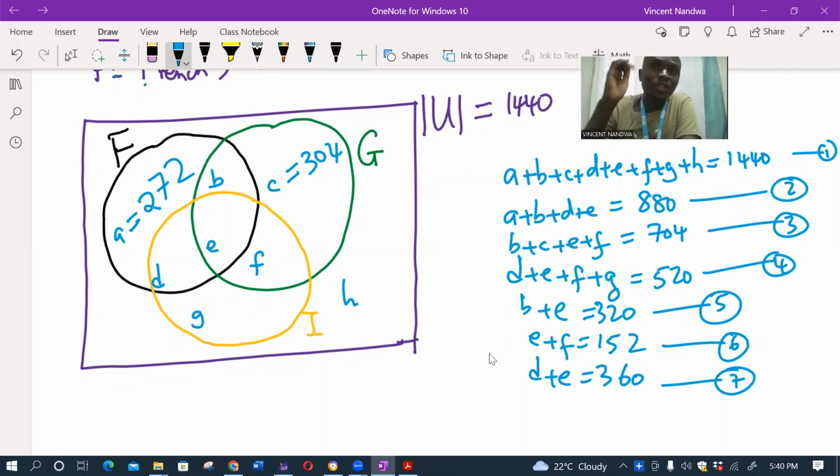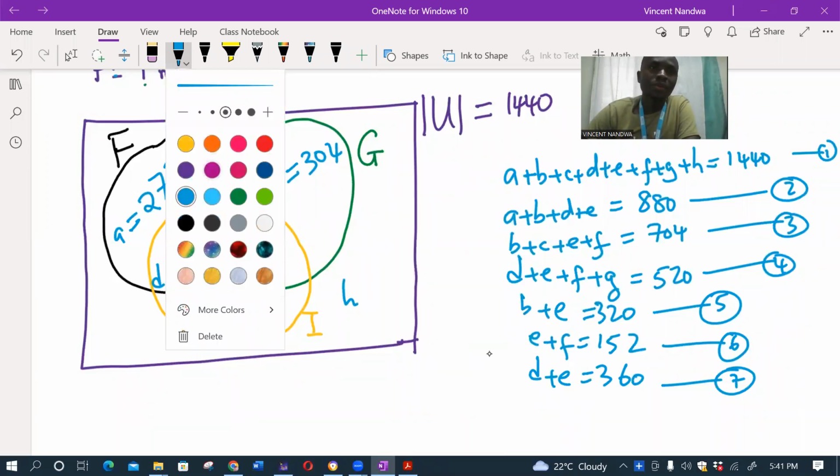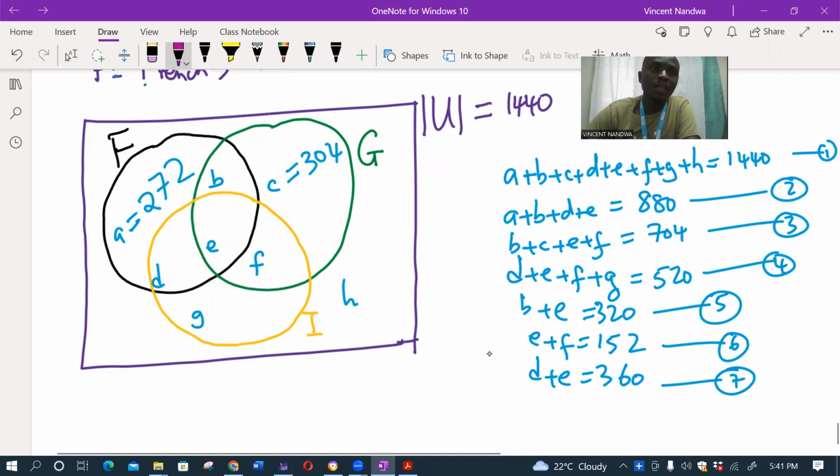Now this is an interesting problem. To solve for the unknowns, if you take this part, D plus E, we know the answer is 360.